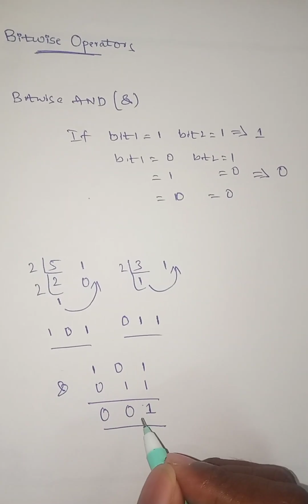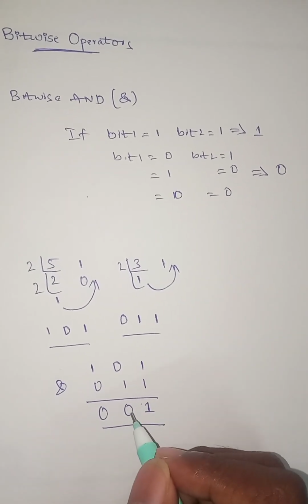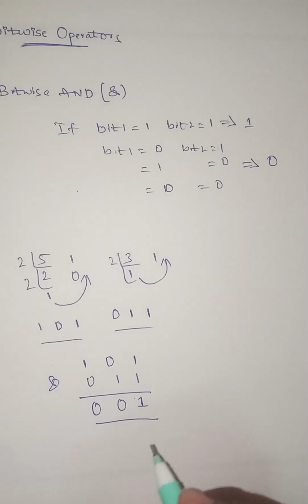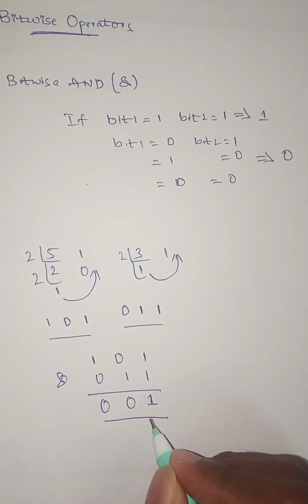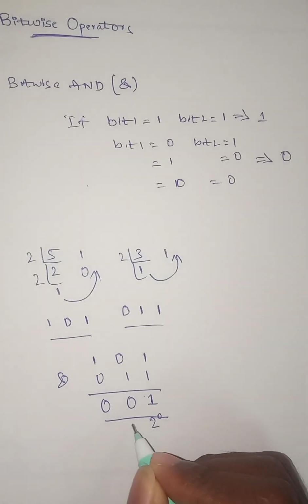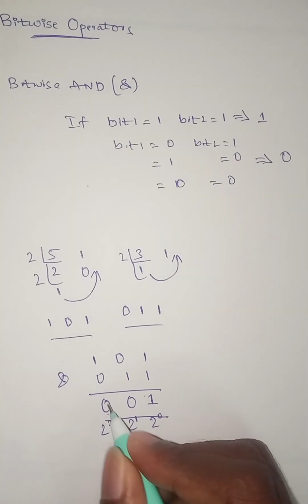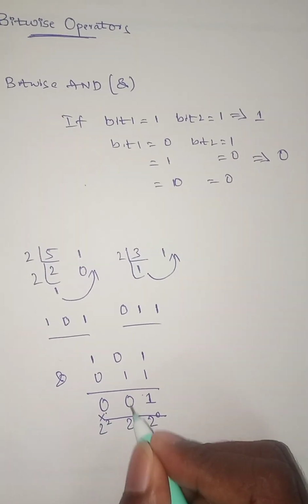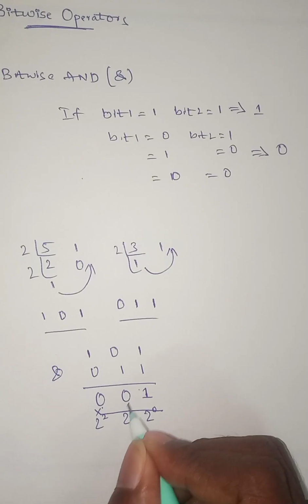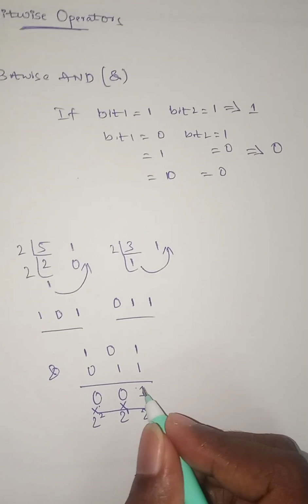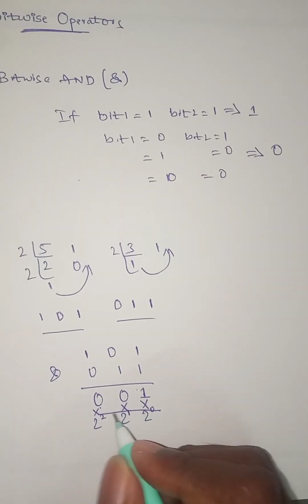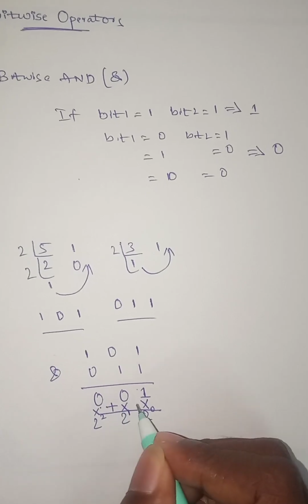Now if you want to represent this bit representation as a number, we put 2 power 0, 2 power 1 and 2 power 2, multiply this 0 with this number, this 0 with this number, and this 1 with this number, and then perform addition.